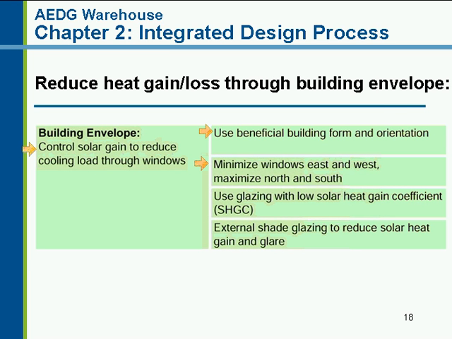But I want to be careful. We want to make sure you understand that this is within limits, that simply throwing glass at a building does not make it sustainable. A lot of buildings out there that have large south-facing glass areas have high energy consumption and are not very comfortable for the occupants.